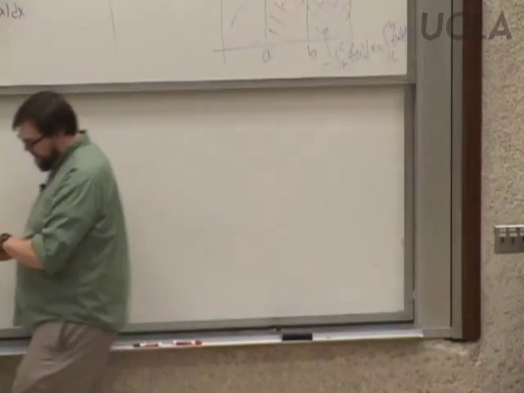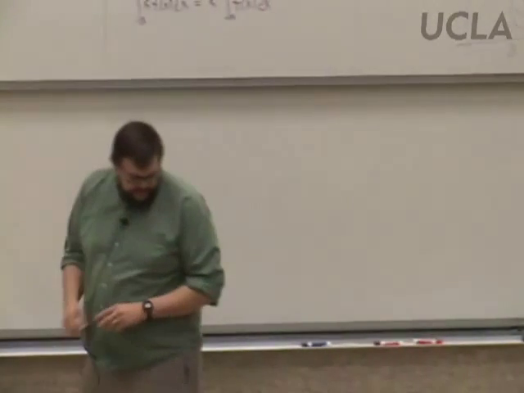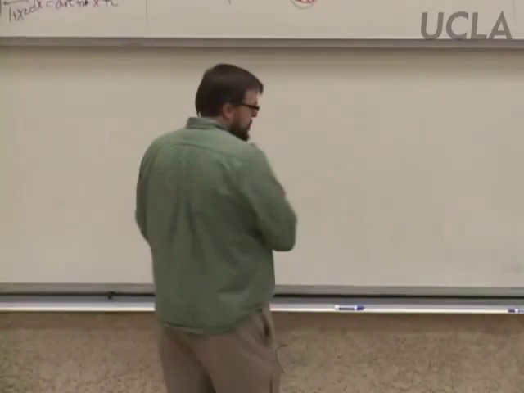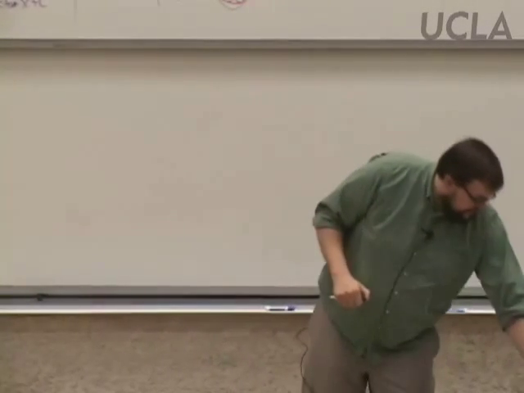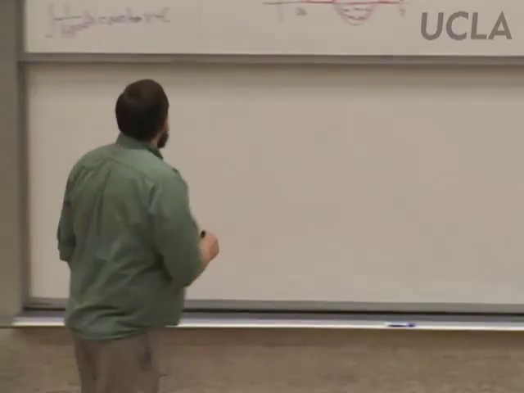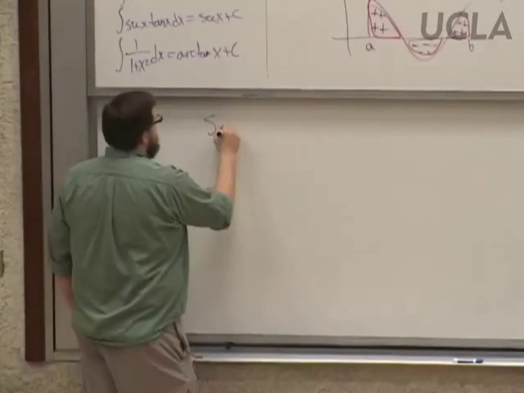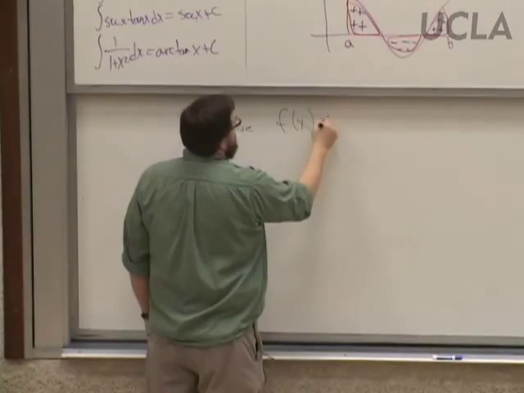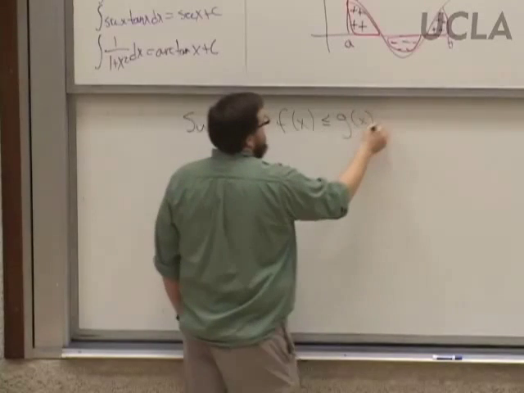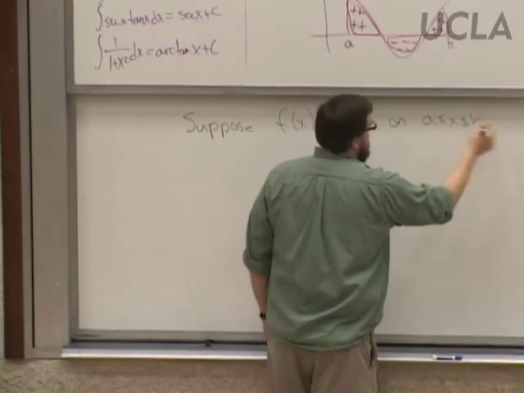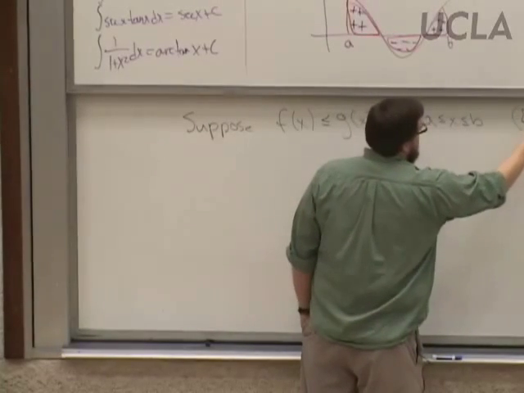Let's talk about some other properties that we might like to have. Okay, so suppose that f of x is less than or equal to g of x on the interval a less than or equal to x less than or equal to b, or if you like, that's the same as saying on [a, b].